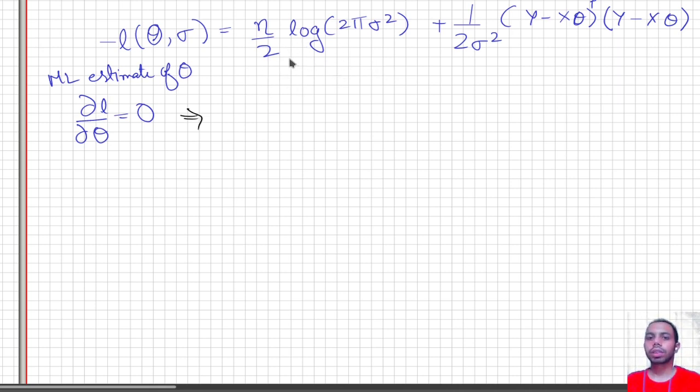Obviously this term does not have theta in it, so it's independent of theta, and none of our concern. It goes to 0 in this derivative.